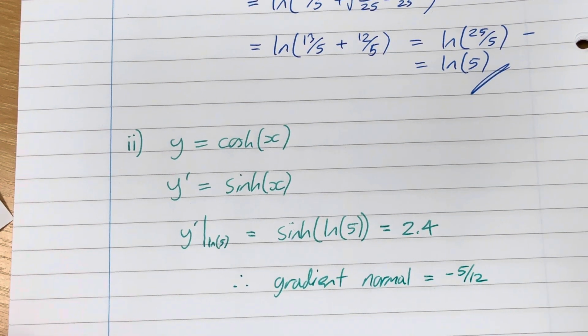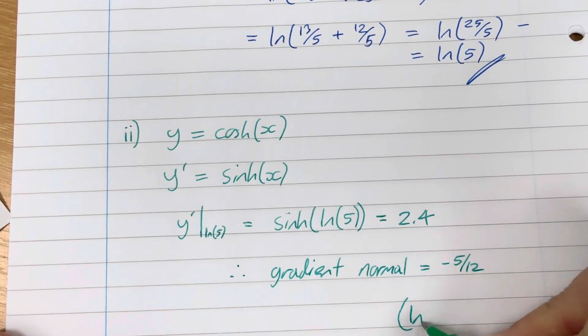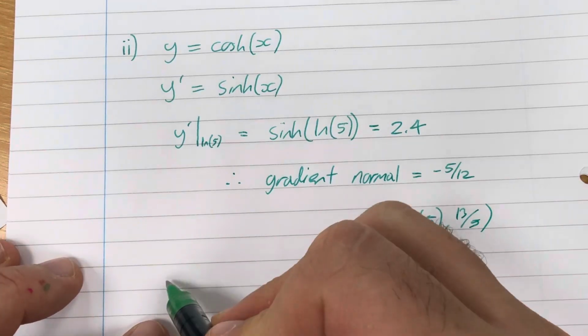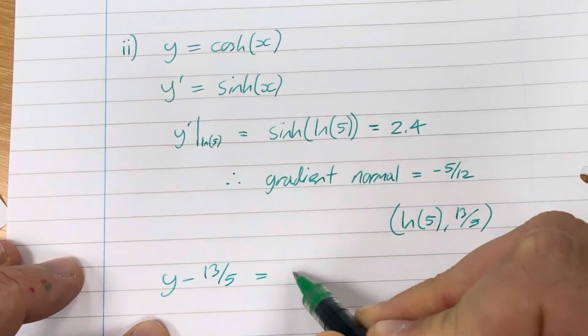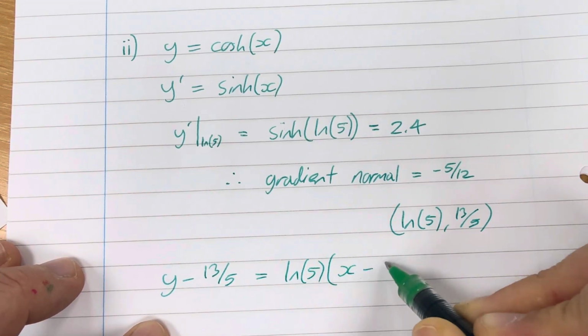Okay. All right, so we've got the gradient, and we know that it goes through the point log 5, 13/5. So we're going to use these two pieces of information to find the equation of our normal. So y minus y1 equals m times x minus x1.